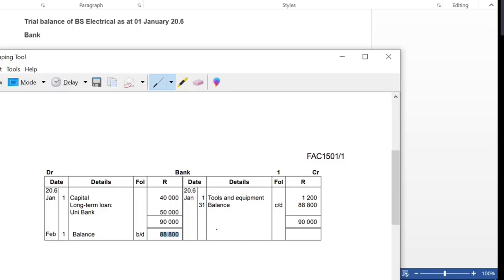Initially, when you look at this account, the bigger side will give you 90,000, and then the smaller side only has 1,200. So this means that money into the business was 90,000 in January. And out of that 90,000, we bought tools and equipment for 1,200. What is left?